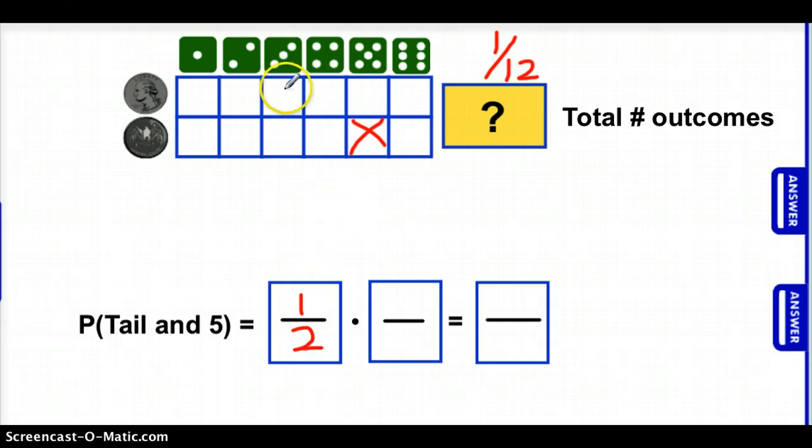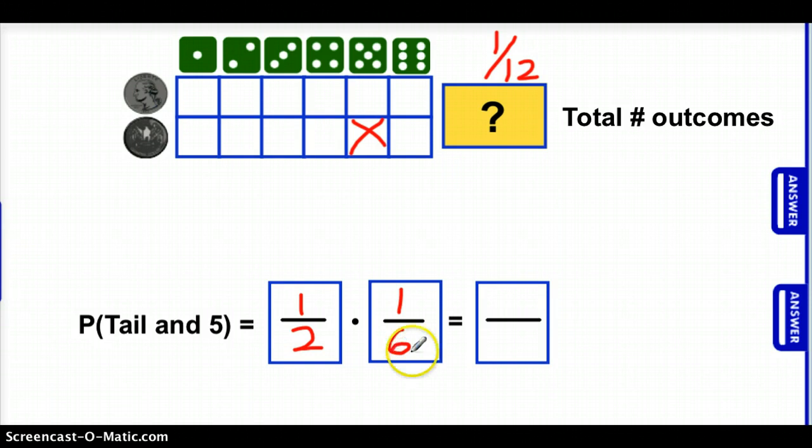And then the probability of rolling a 5 on the die would be 1, because there's one number that would be what we're looking for. And there are 6 total possible outcomes.